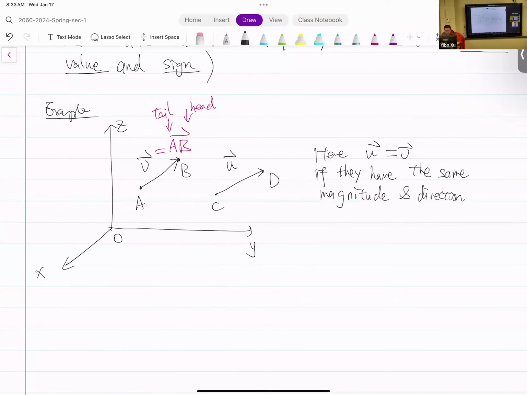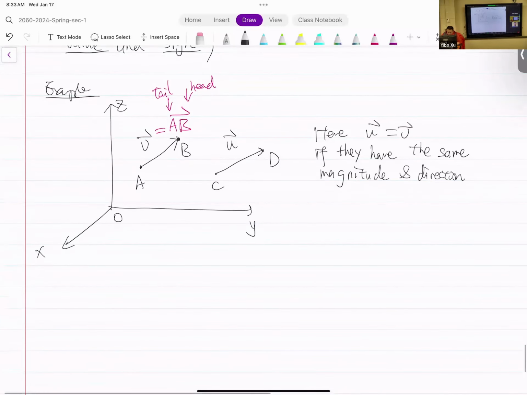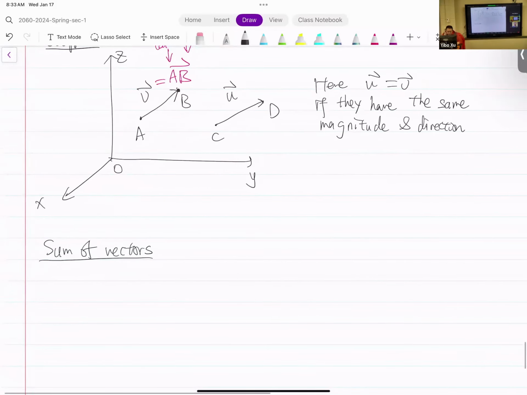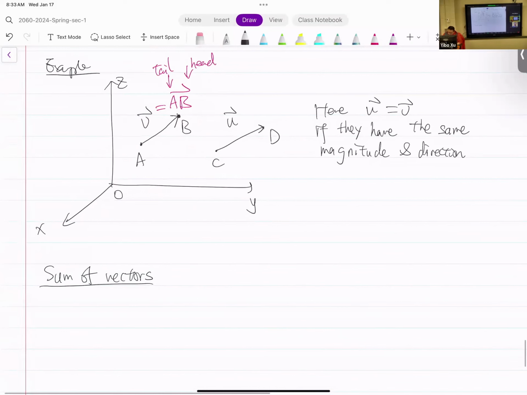Right, so now, each vector has two important components, magnitude and direction, right? So what happens if you want to add two vectors? So, the first way is that if we have U and V, then we can form a triangle.